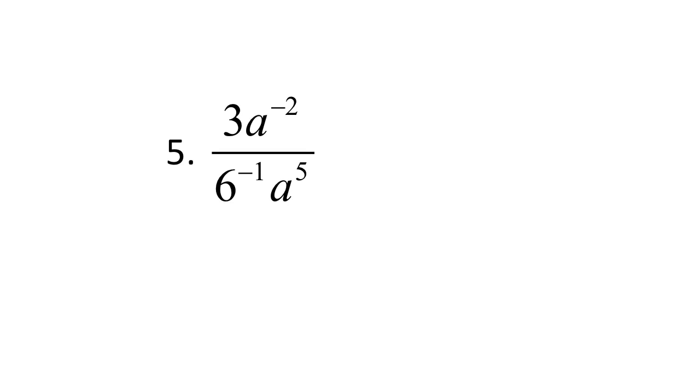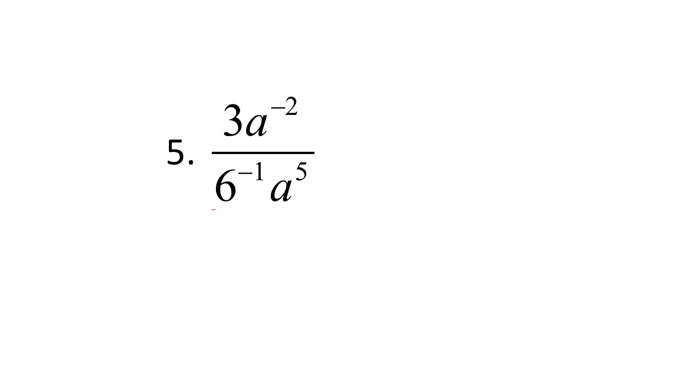In number 5, so let's see, I have a to the negative 2nd times 3 on the top. I have 6 to the negative 1 times a to the 5th on the bottom. I tend to like to deal with negative exponents first.